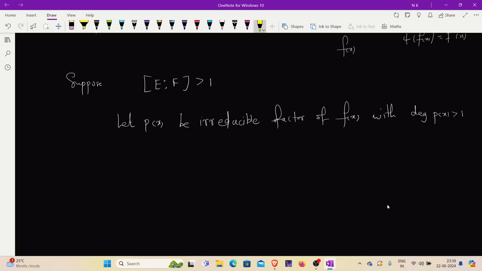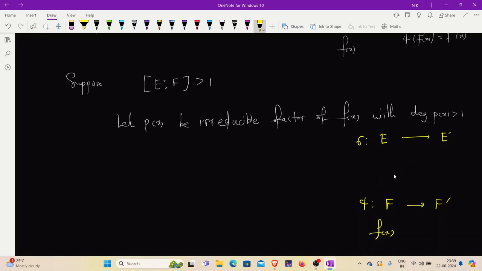So now the situation is like this. We have F, we have F dash, and there is an automorphism between F and F dash. This is your E, the splitting field of f of x, and this is your E dash, the splitting field of f dash of x. Call this sigma, and now we have an irreducible factor of f of x. So f of x is a polynomial defined over F, and we have the irreducible factor p of x, so it lies in between.